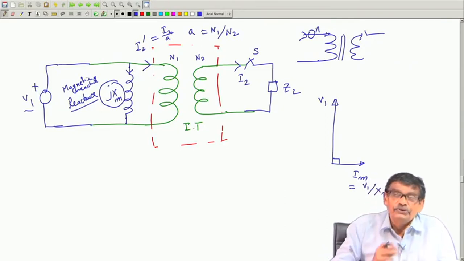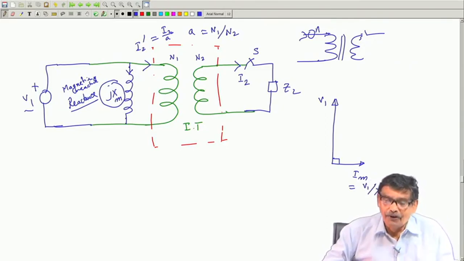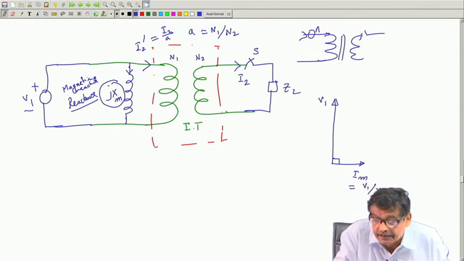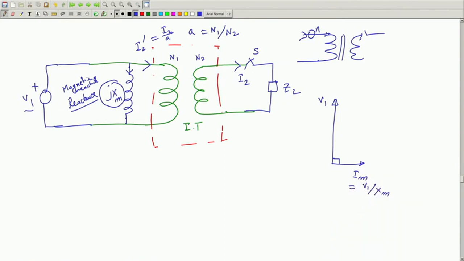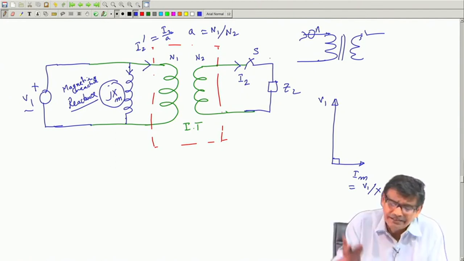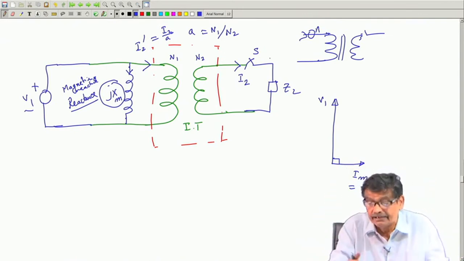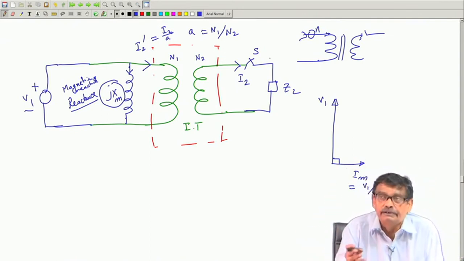It should not disturb anybody that I have applied a voltage and something is connected between these two, yet there is no current when S was opened. This we have discussed at length previously. This is an ideal transformer. Ideal means ideal, μr is infinitely large, you do not require any magnetizing current for this portion.